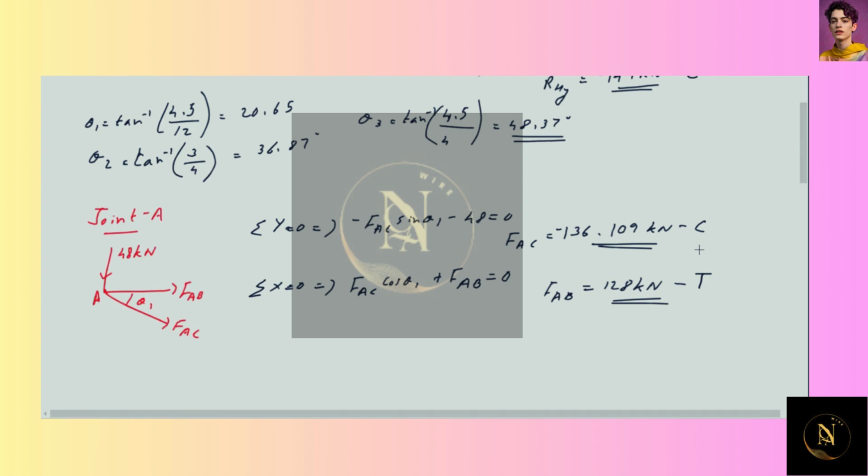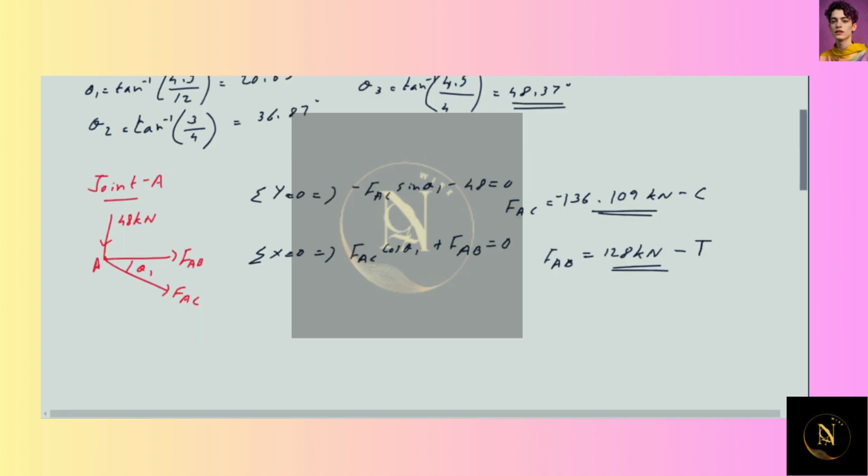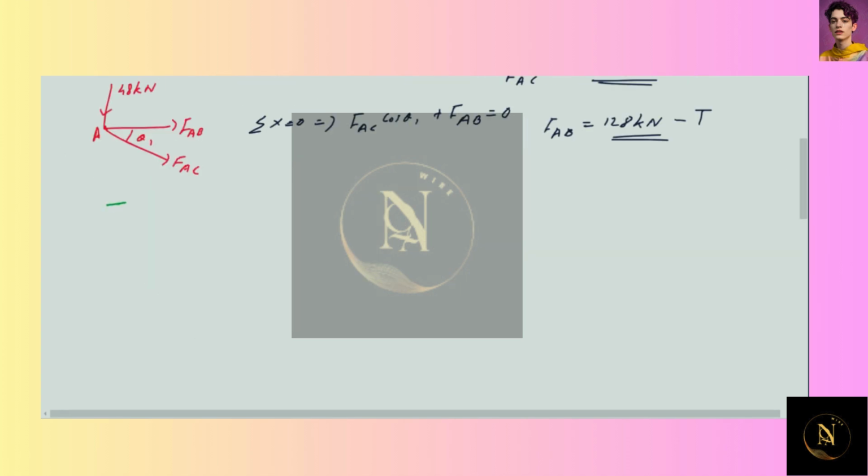Now let's move to the next joint, that is joint C. If this is joint C, there will be FCE, and just opposite to that FAC and FBC.